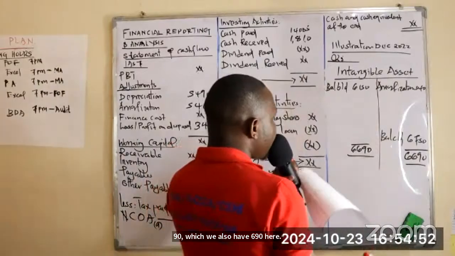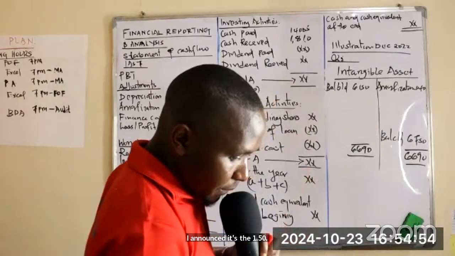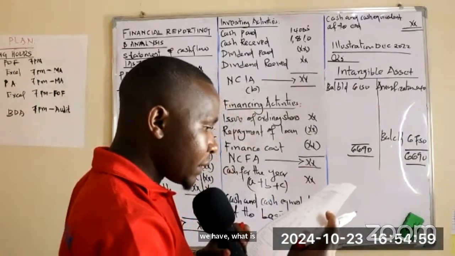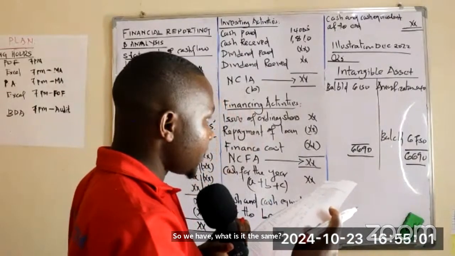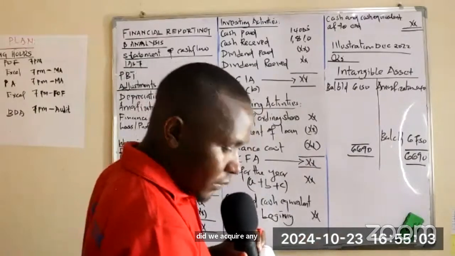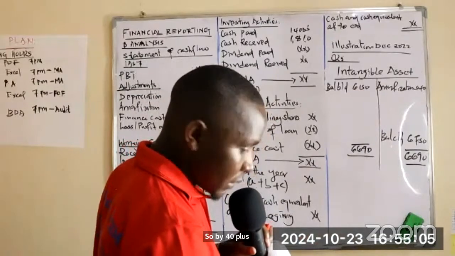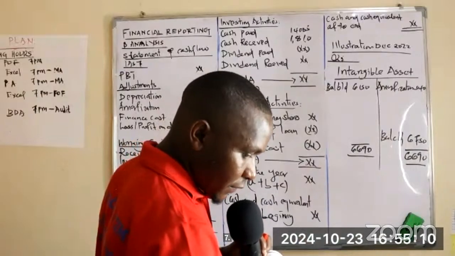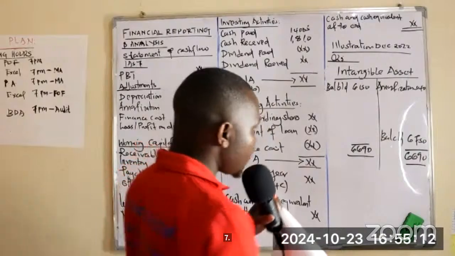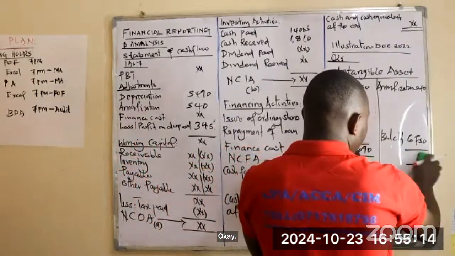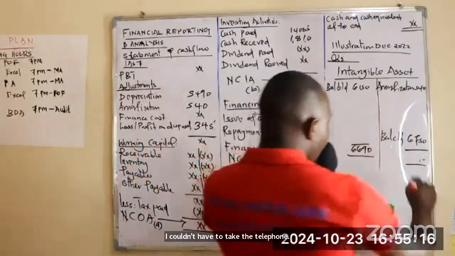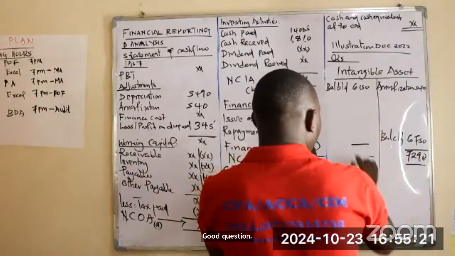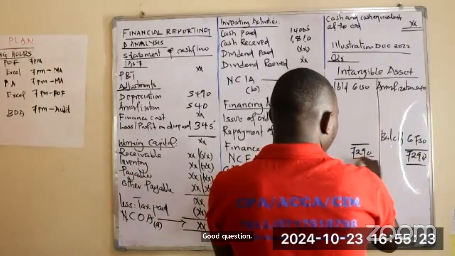This one should be 72, not 66. Should be 7290. Also, this one should be 7290.